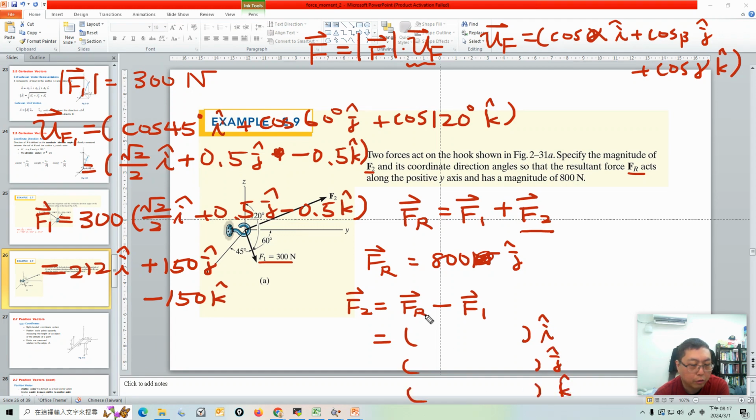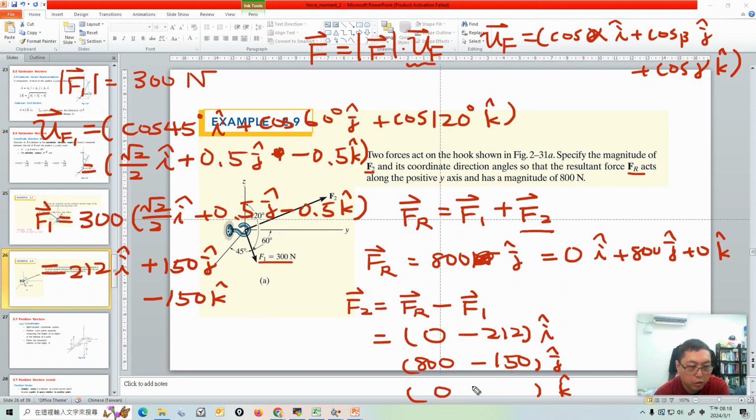The resulting force is 0i plus 800j plus 0k. The x component is 0 minus 212, the y component is 800 minus 150, and the z component is 0 minus minus 150.